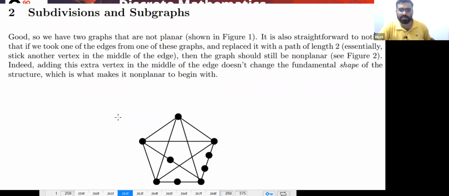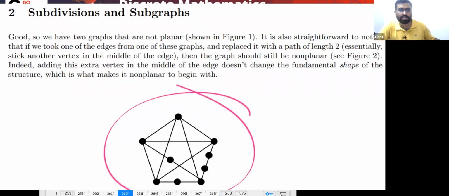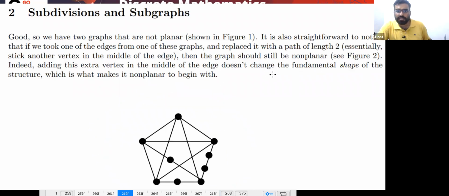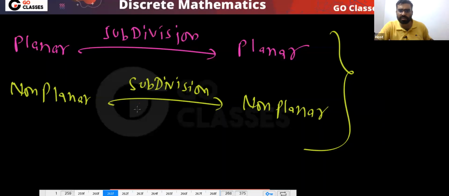You can notice this is a subdivision of K5. This is still non-planar because it does not change the fundamental structure. If you have non-planar, then the subdivision is non-planar. If you have planar, then the subdivision is planar.